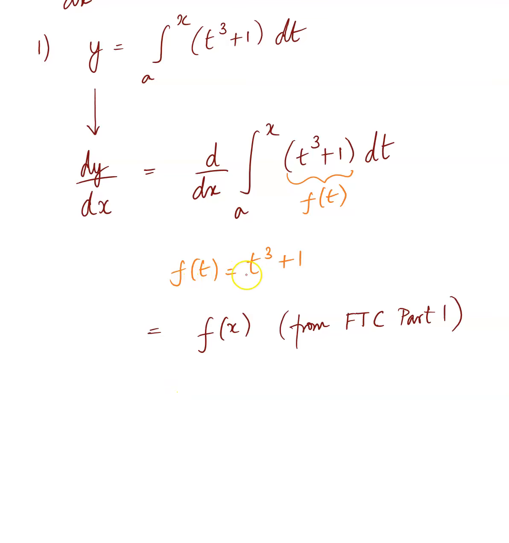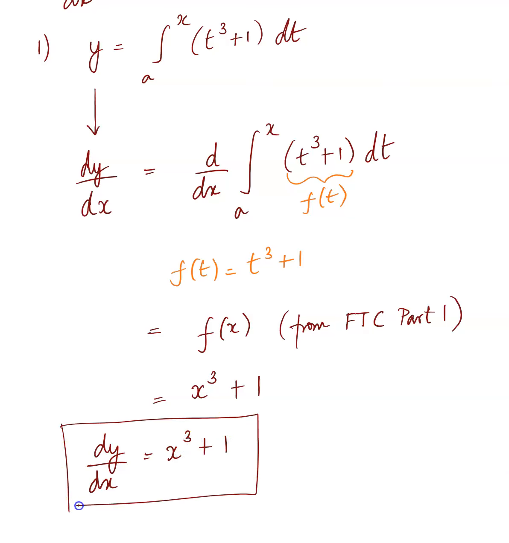If f of t is t cubed plus 1, f of x must be, in place of t, x, so x cubed plus 1. So dy over dx is simply x cubed plus 1, because it's as if the derivative and the integral undid each other and gave us the function in terms of x.